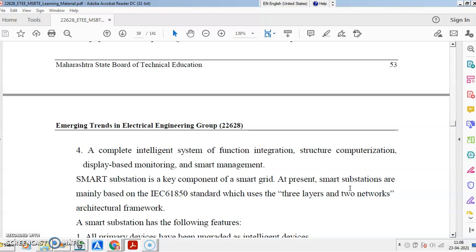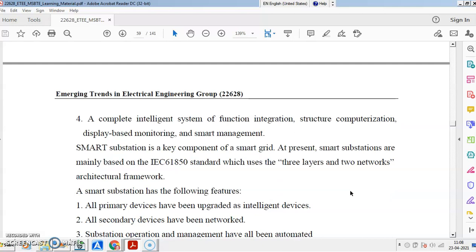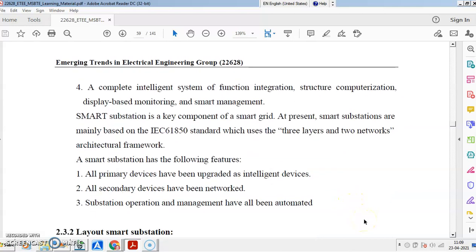This uses particularly three layers of two networks. These three layers of two networks are in the smart substation. All primary devices, that is conventional power system devices, are upgraded as intelligent devices, compatible with intelligent devices. All secondary devices have been networked and substation operation management has been automated.